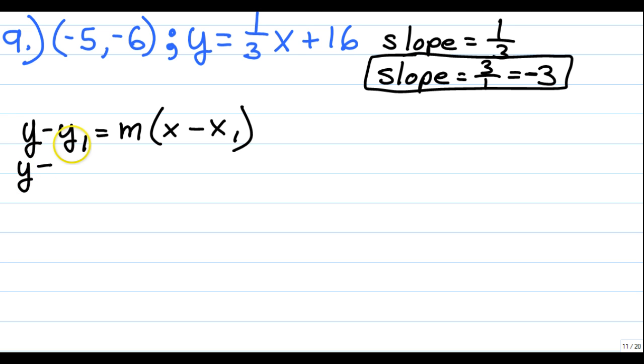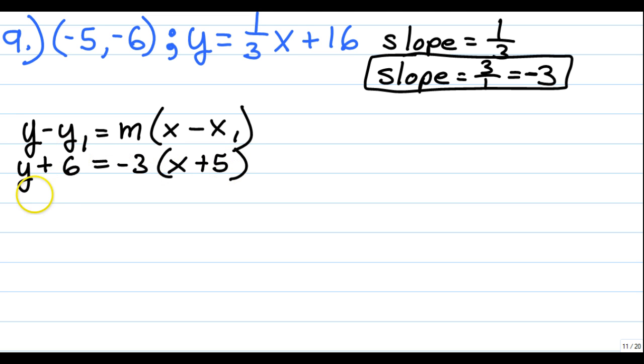So y minus our y sub 1? Well, our y sub 1 is a negative 6, so a minus and a negative sign is going to make a plus 6. Our slope is a negative 3 times x minus our x sub 1. Our x sub 1, or x position, is a negative 5. A negative 5 and a minus sign make a positive, so we have a plus 5.